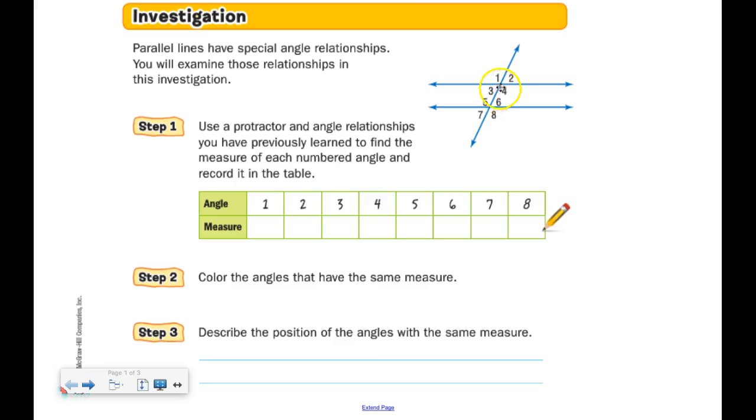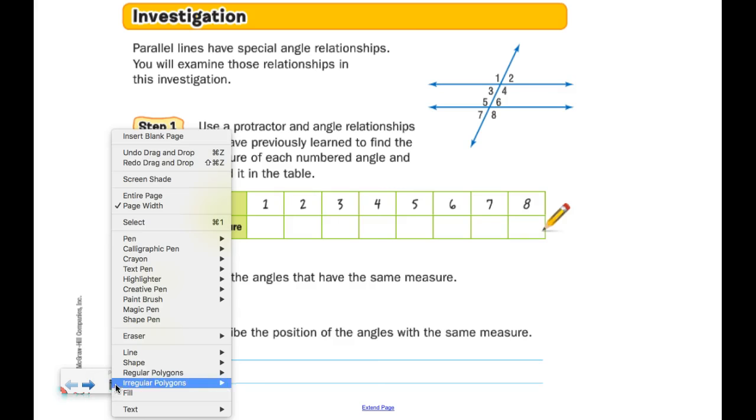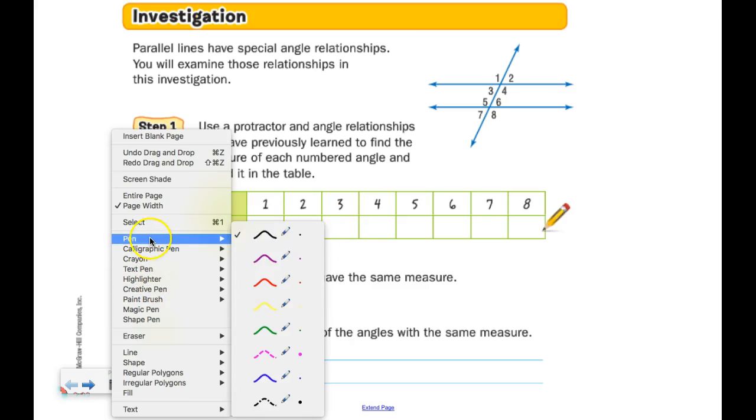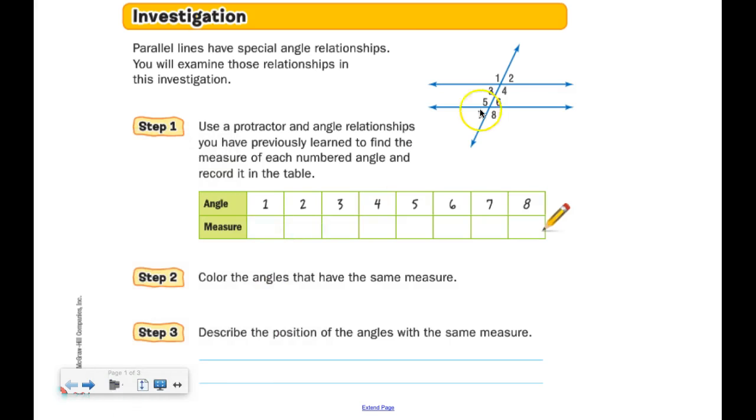So just to remind you what it looks like if you have a protractor with you, again background knowledge and use of a protractor. What you're going to want to do is put the hole or the 0 right here on the vertex of the angle. And you want to make sure that protractor looks like this.